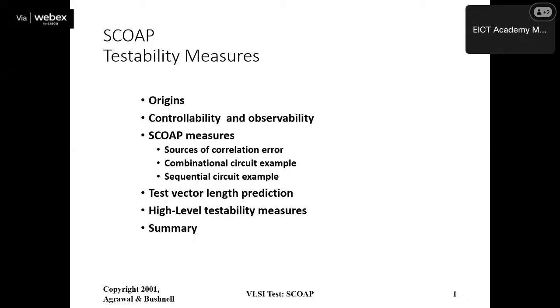Combinational circuit examples and sequential circuit examples we are going to cover, and how big the test length can be. So the prediction of the test vector length we will be finding out with the SCOAP measure, and the high-level testability measures we will be covering in this particular talk.